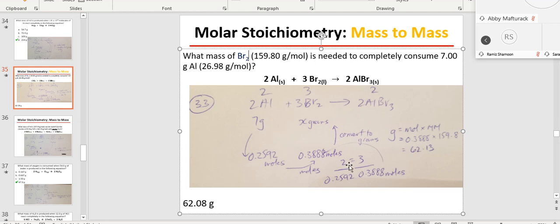Anyone who came late, you'll notice my answer of 62.13 is different than my answer here of 62.08 because I probably used a different periodic table when I did the original PowerPoint 2 years ago. Don't worry, if your answer is correct, you're going to see that answer there. You might be off by a small amount, but there's only going to be one real answer.